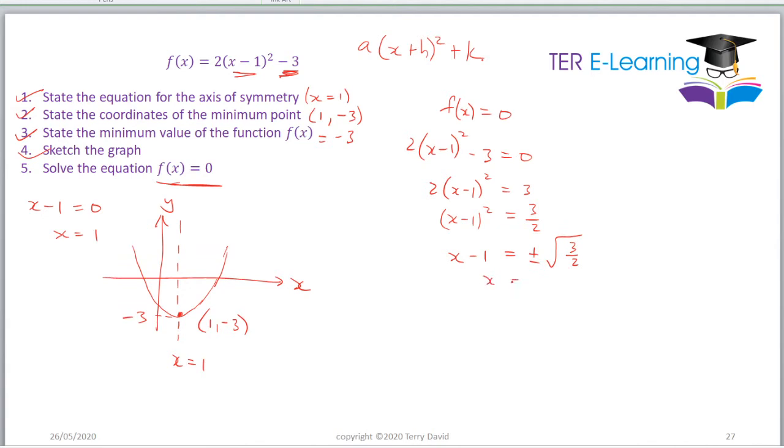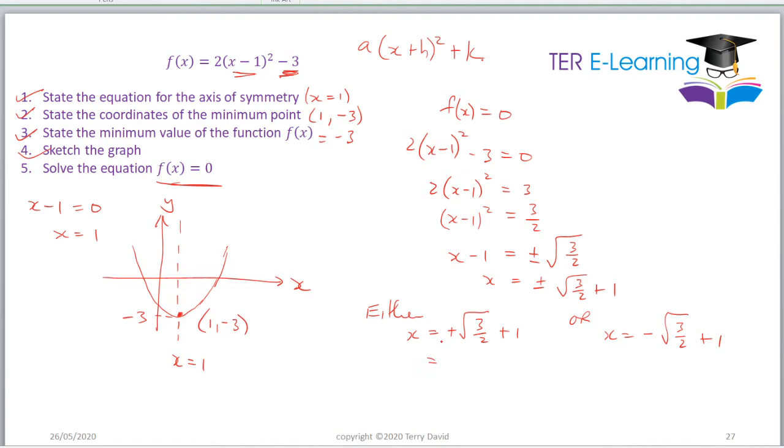Therefore x is equal to plus or minus the square root of 3 over 2, plus 1. So then we can say either x is equal to plus the square root of 3 over 2 plus 1, or x is equal to minus the square root of 3 over 2 plus 1. At this stage, you can use a calculator to work this out.